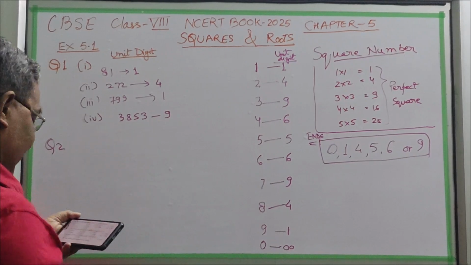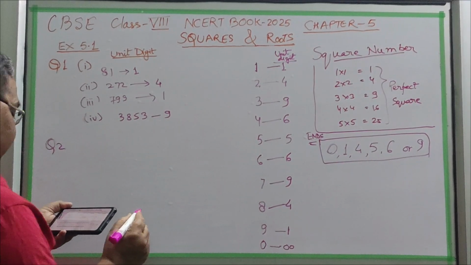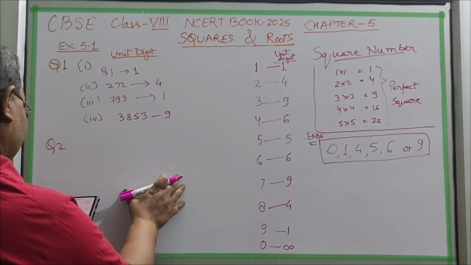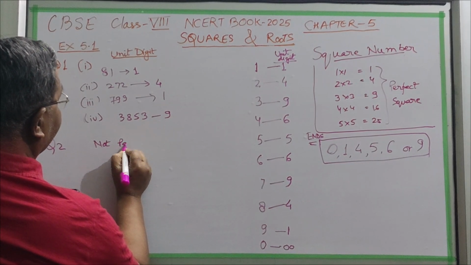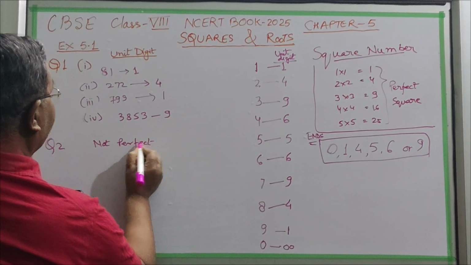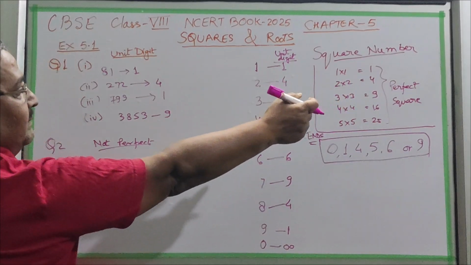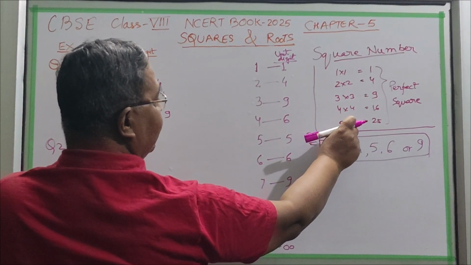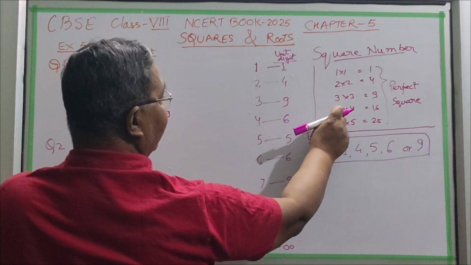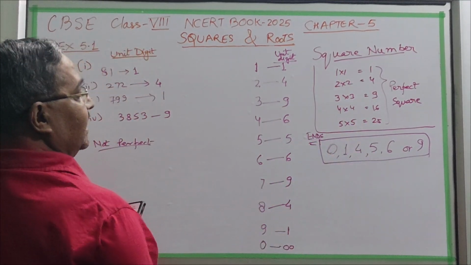You have to tell which are not perfect squares. Some numbers they have given and are asking which are not perfect squares. I told you a perfect square comes from a natural number multiplied by itself: 5 into 5, 4 into 4, 6 into 6.